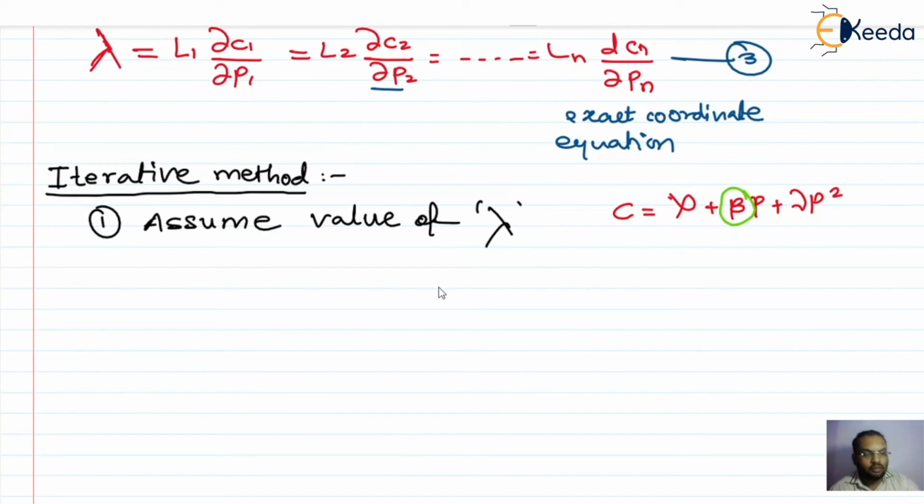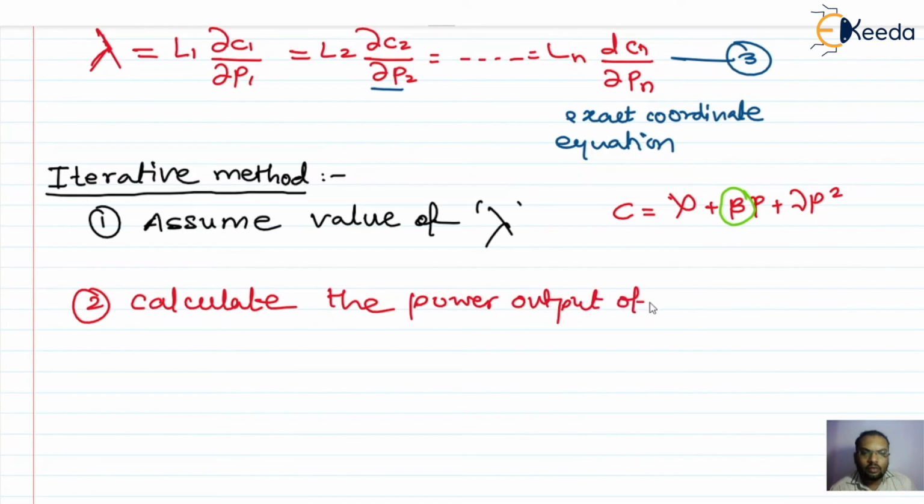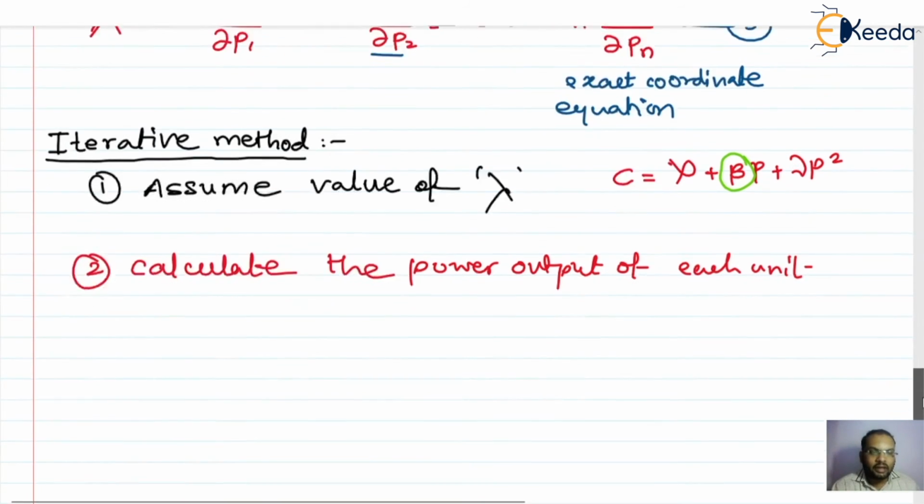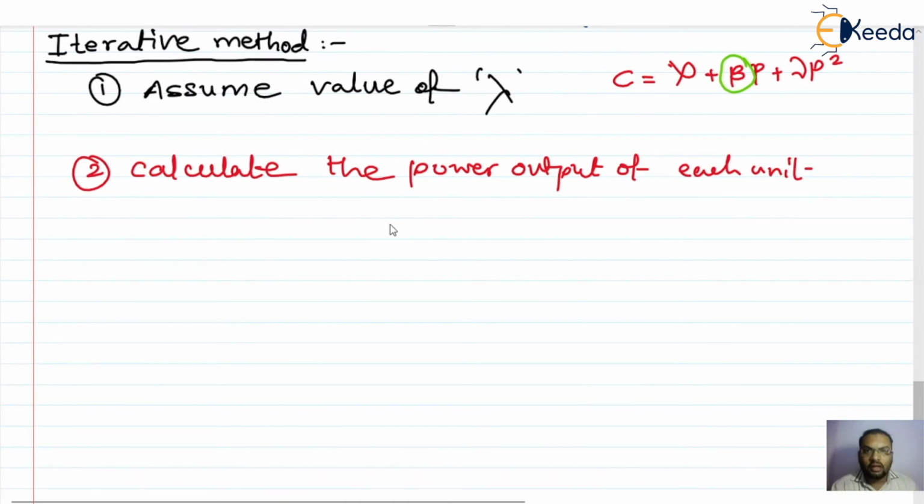Once you assume the value of lambda, the second step is to calculate the power output of each unit. You have to use this formula. I'm going to give you the formula directly because we will not deal with the derivation, which is very complicated, lengthy and time consuming.